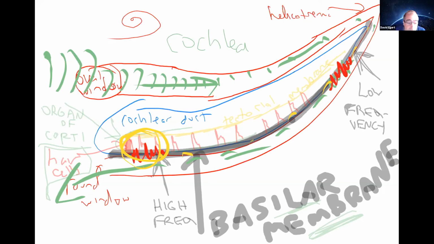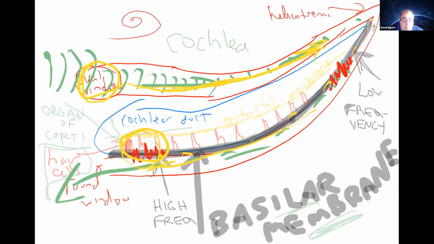Hearing is basically air vibration as a stimulus, which vibrates your eardrum, which is then transmitted through the little bones, vibrates the oval window, and sends that up the vestibular duct and down the tympanic duct.